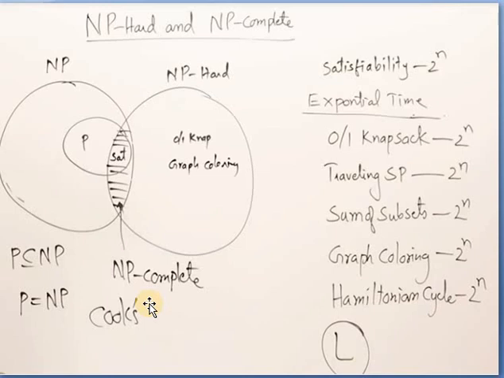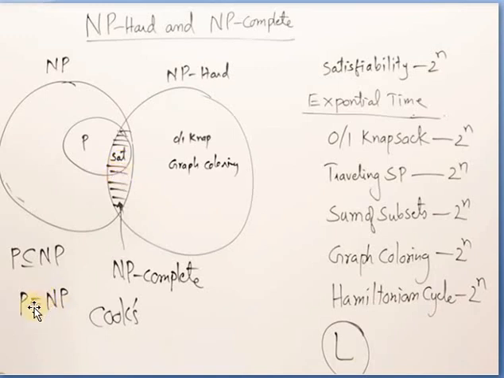That is, if satisfiability lies in P, if and only if P is equal to NP, it means that if satisfiability has a polynomial time deterministic algorithm, then all your non-deterministic polynomial algorithms will be deterministic polynomial time algorithms.